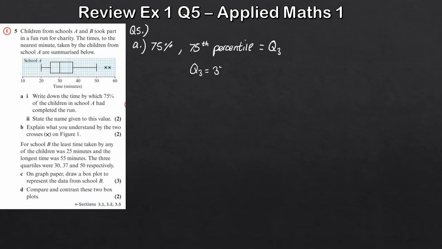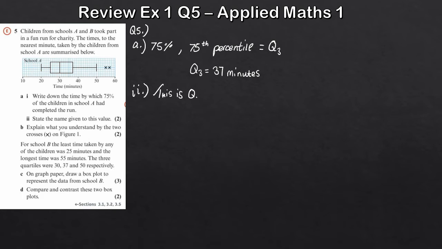So it's 37, and what are the units for this? To the nearest minute. So 37 minutes. That's just your Q3 there, because that's when 75% of the children had finished the run. The second part is to state the name, which we've already kind of done. This is Q3, but we wouldn't call it Q3.